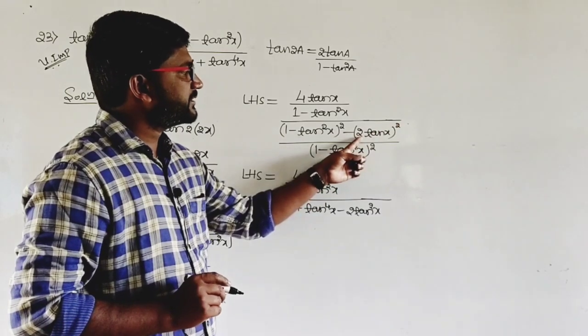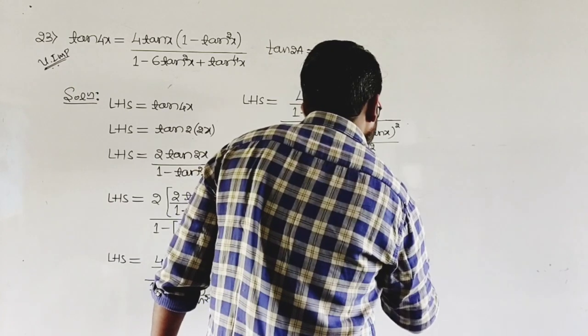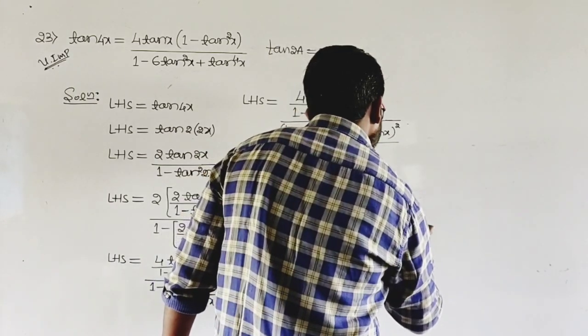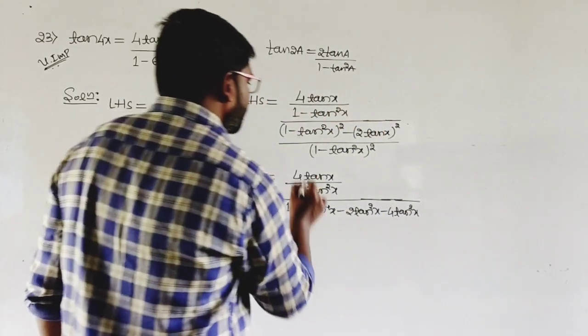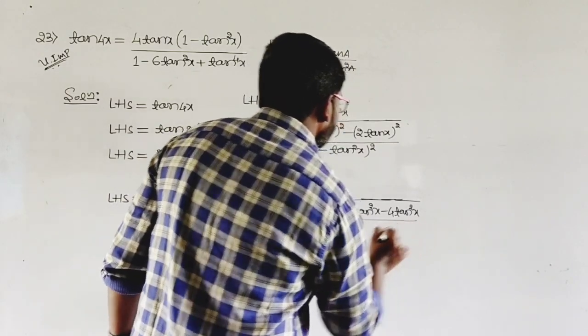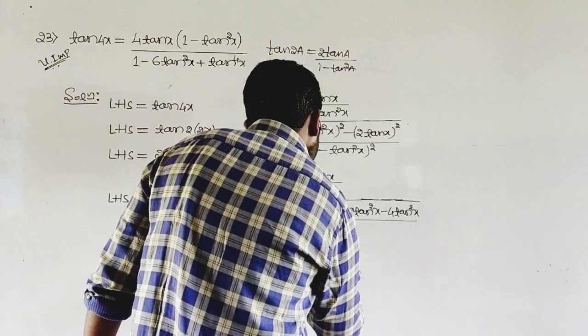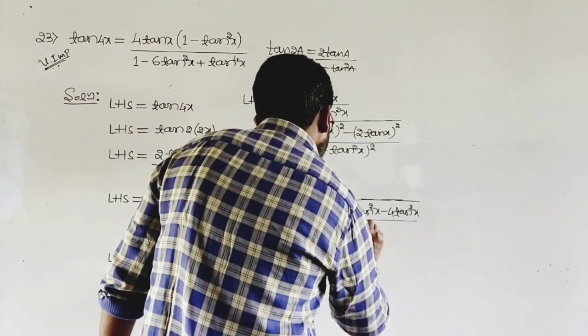The square applies to the first term as well as to the second term. 2 square will be 4. See here I write the minus sign as it is, 4 tan square x, then divided by this term as it is, 1 minus tan square x the whole square.